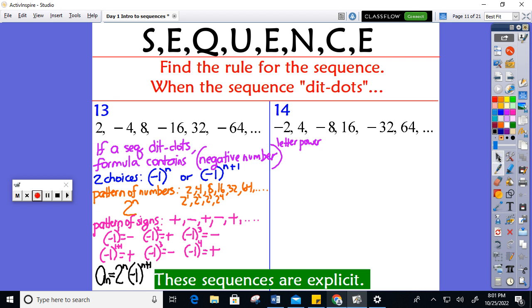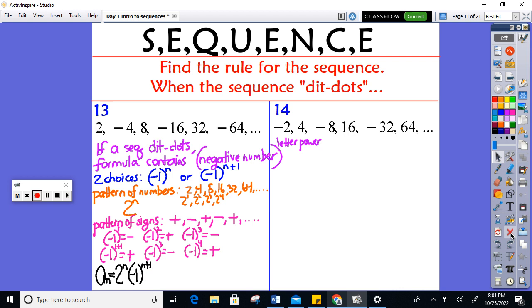Now, I'm going to get rid of this, yes, these sequences are explicit. Let me make some room. I want you to see that if I test my formula, it works out right. So like try that again, test a sub 1. A sub 1 would be 2 to the first times -1 to the 1 plus 1.